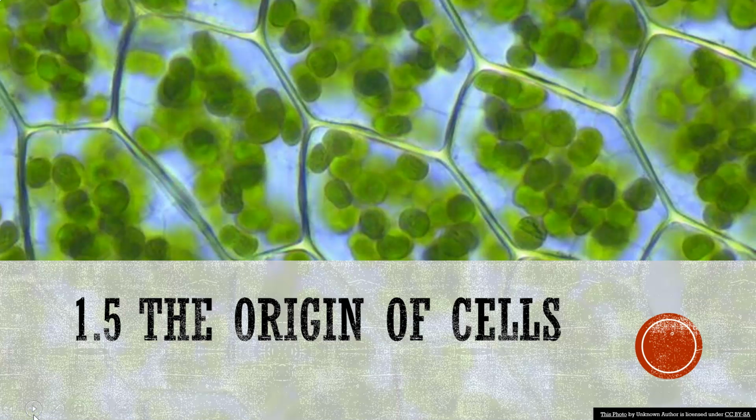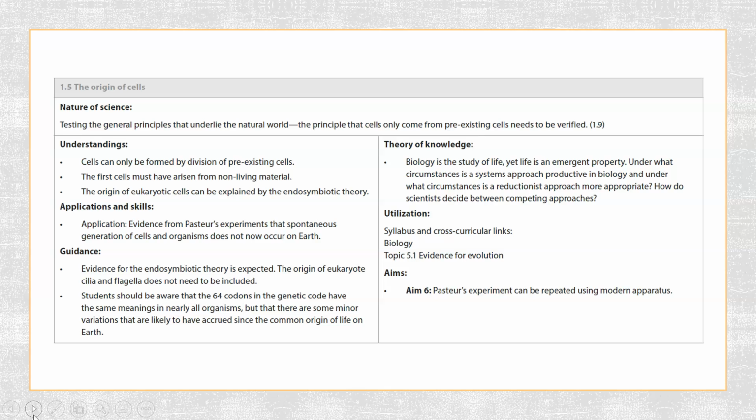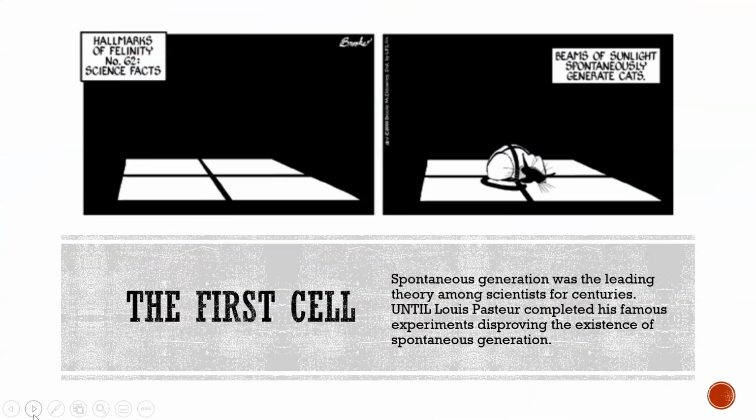Okay, in unit 1.5, so you did this as homework over the holiday. We looked at the origin of cells. And we talked about the first theories around the first cell and where it came from.